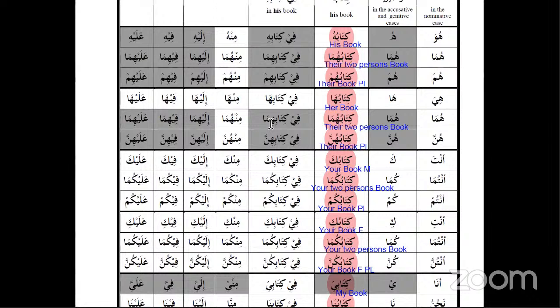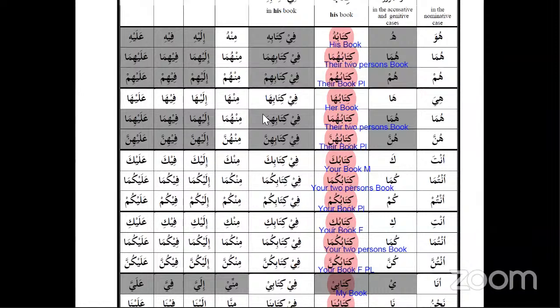Fi kitabihi, in his book. Fi kitabihima, in their book for two males. Fi kitabihim, in their book for male plural. Fi kitabiha, in her book, one female. Fi kitabihima, in their book for two females. Fi kitabihinna, in their book for female plural. Fi kitabika, in your book for one male.